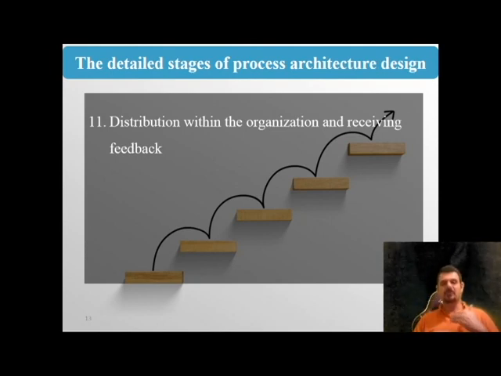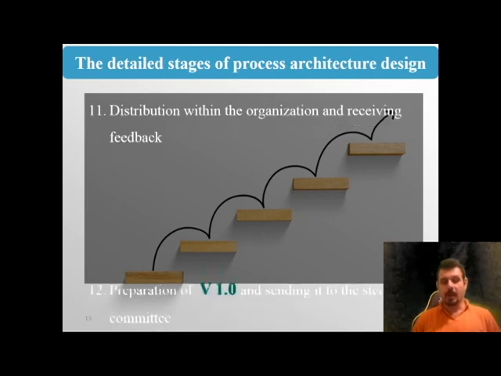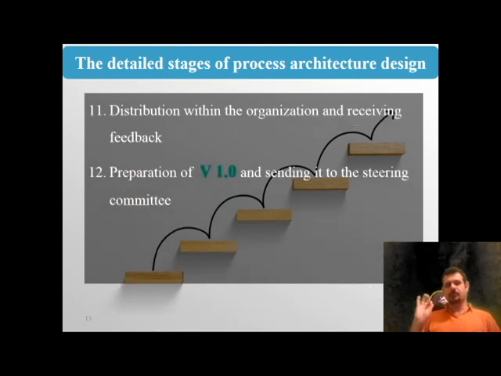Now, all of them can see all of the processes in the organization, can think about the relationship of your processes with other processes, can compare your processes with other processes, and help you to be very precise about the process list. After that, you receive feedback. Now, you can create the first version of your process architecture.